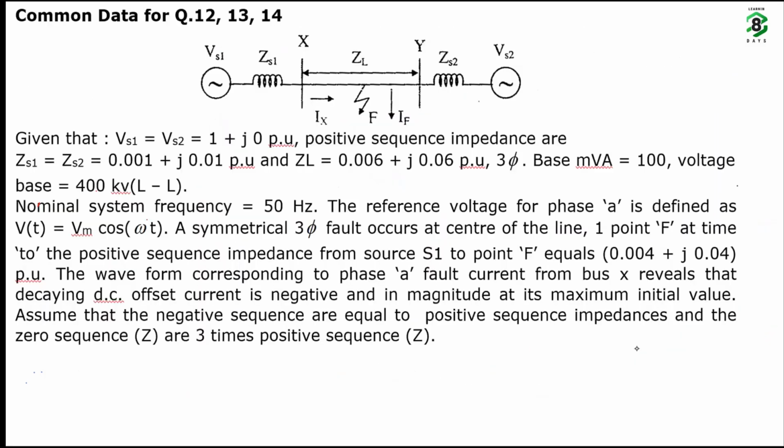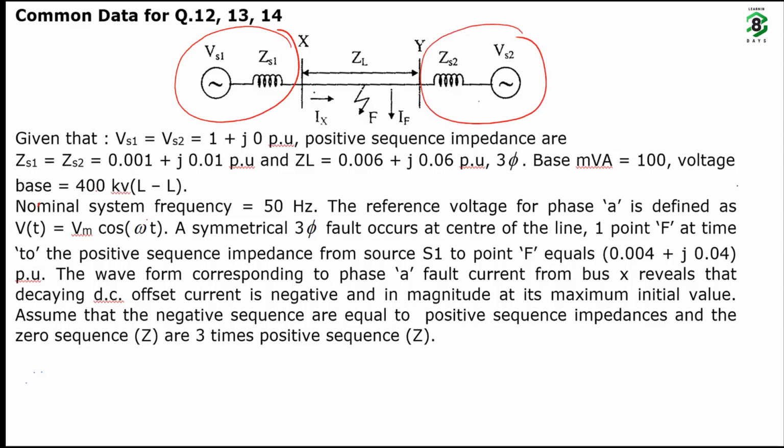Okay, you try a question that was asked in GATE 2007. It's a linked answer question for 6 marks. Here what he's telling is that this is one generator, this is one more generator.